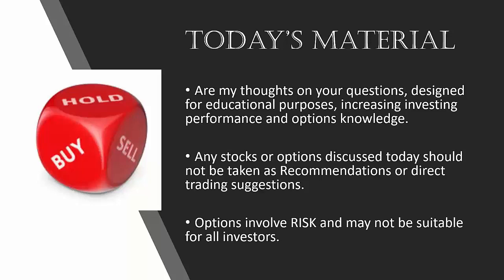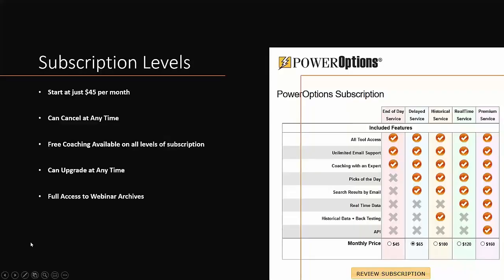Any stocks or options discussed today should not be taken as recommendations or direct trading suggestions. Do not open a married put on Masco or on Berry Plastics, because they both have earnings coming up between now and May expiration. We just use those as an example. Options involve risk, as we all know, may not be suitable for all investors, but we'll still do our best to try to keep as much education as possible for everyone to get us to where we need to be.